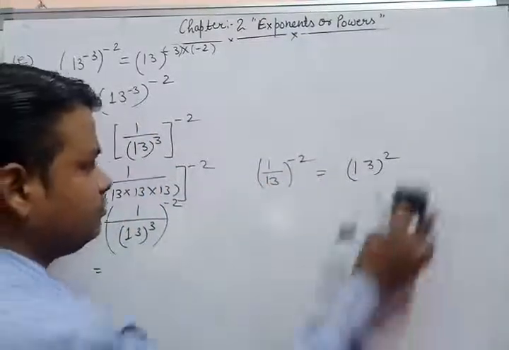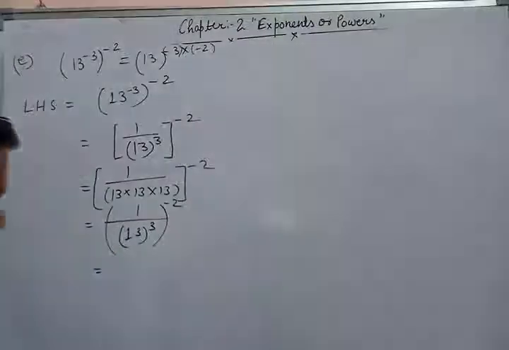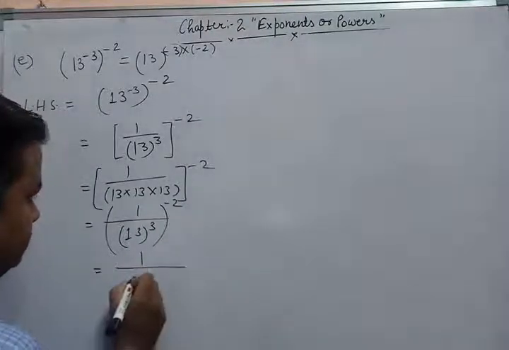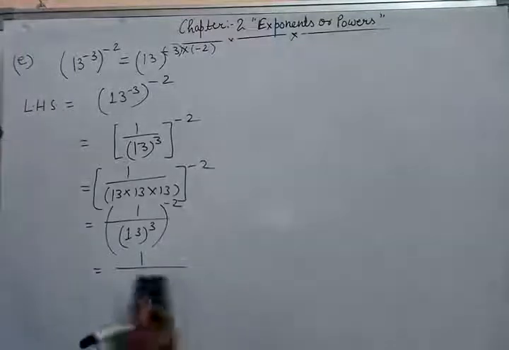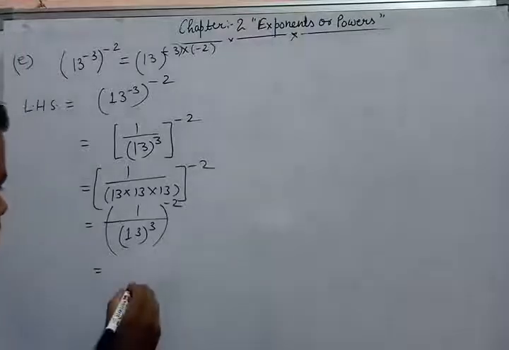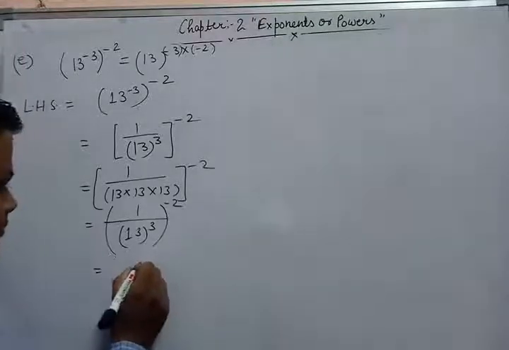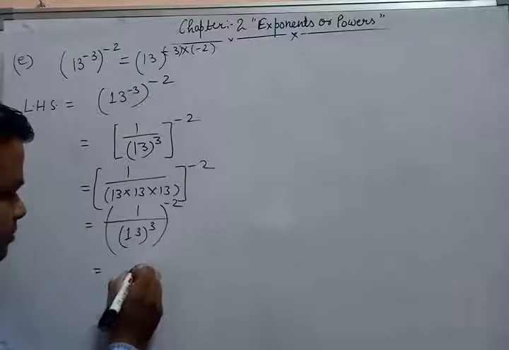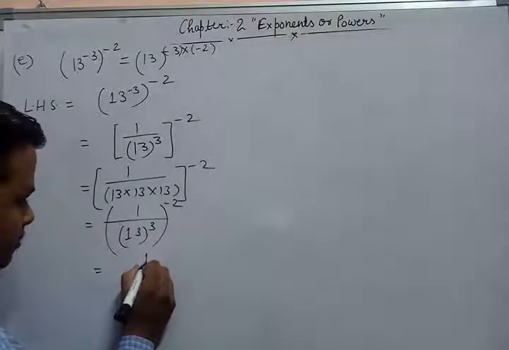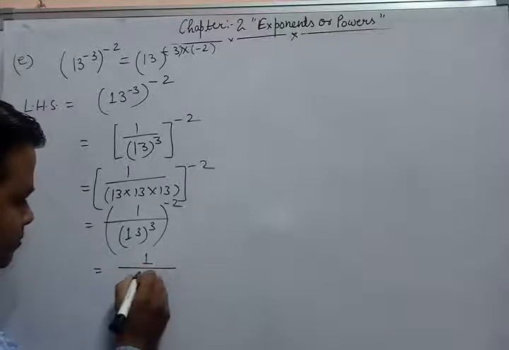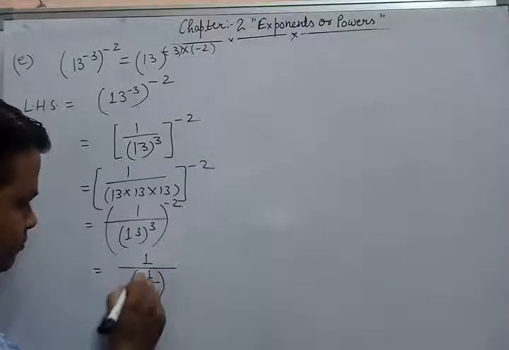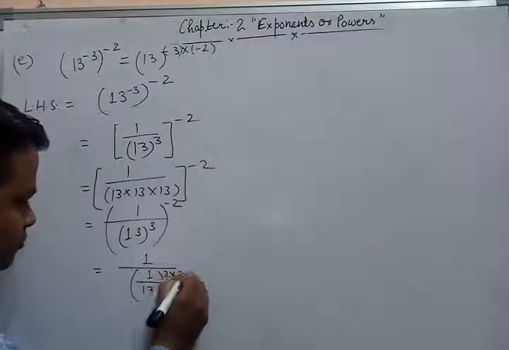So how can we write it in this step? 1 upon 13 to the power 3 can be written as 1 upon 13 to the power 3 into 2.